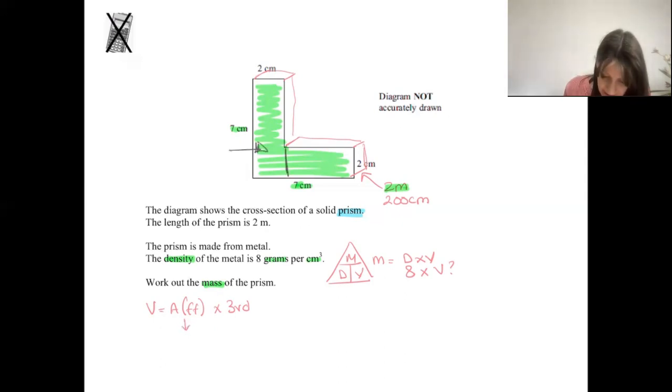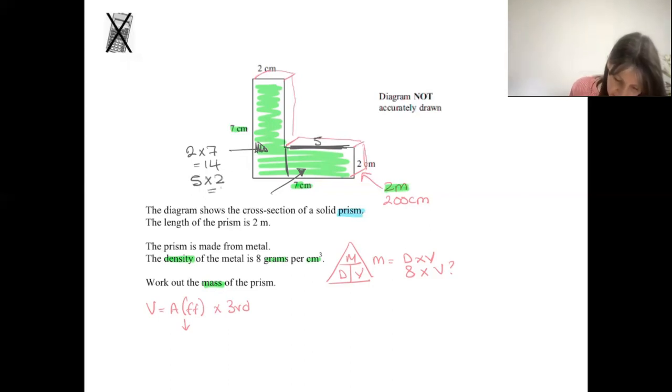This rectangle here is 2 times 7, which is 14. And this rectangle here is just this edge, so it's not the whole of the 7. It's 7 take away that 2, which is going to give me 5. So that's going to be 5 times 2, which equals 10. So the area of the front face is 14 plus 10, which is 24.